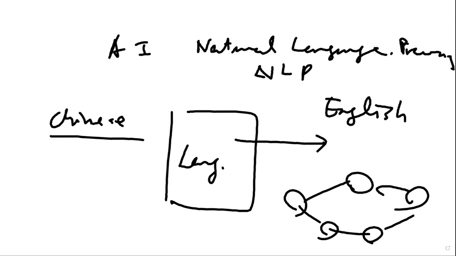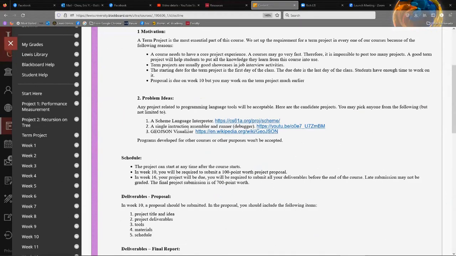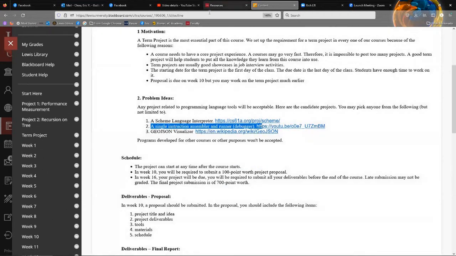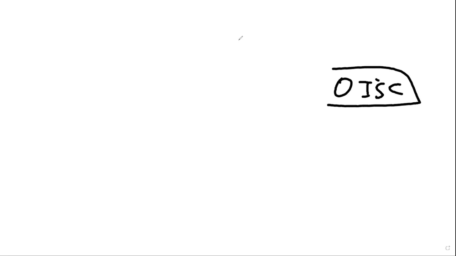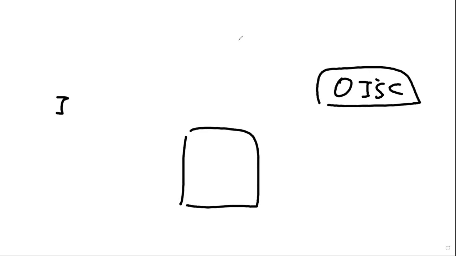Let's look at another one. Another term project, I have a suggestion of a single instruction runner. That means I want you to write a single instruction computer, whatever that instruction is. And then you need to translate your assembly jump, or your add, or your compare and greater-than-and-jump, whatever.